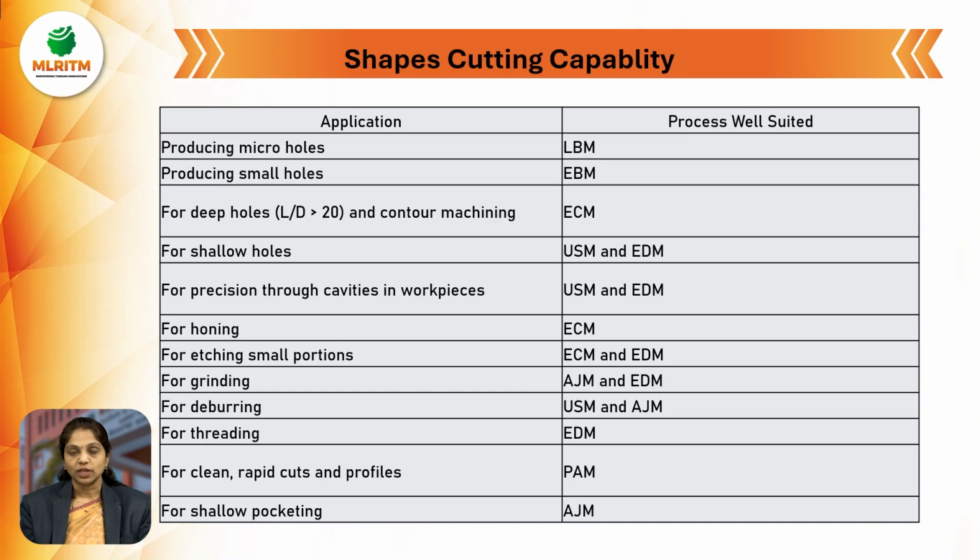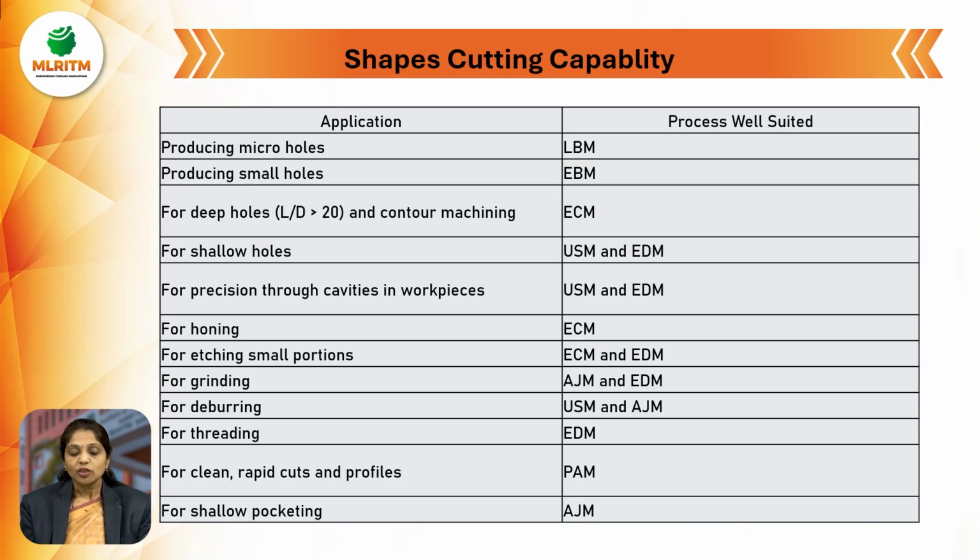Shape cutting capability. Depending on the geometrical cross sections or geometrical complexity of the object, we need to choose the machining process. If you want to drill micro holes, at the 0.01 to 0.05 level, which is not possible with the conventional methodology, we can produce them by laser beam technologies.